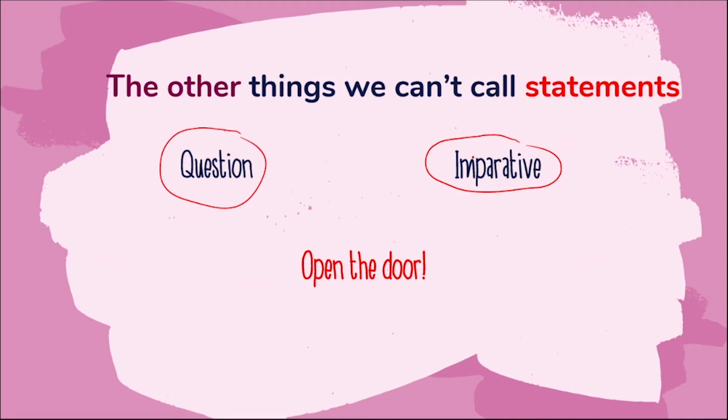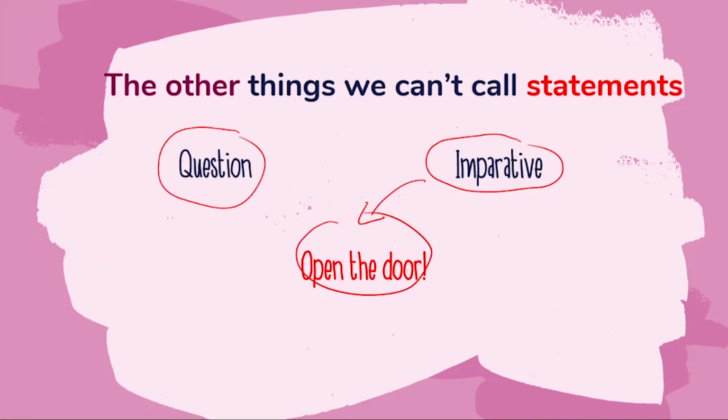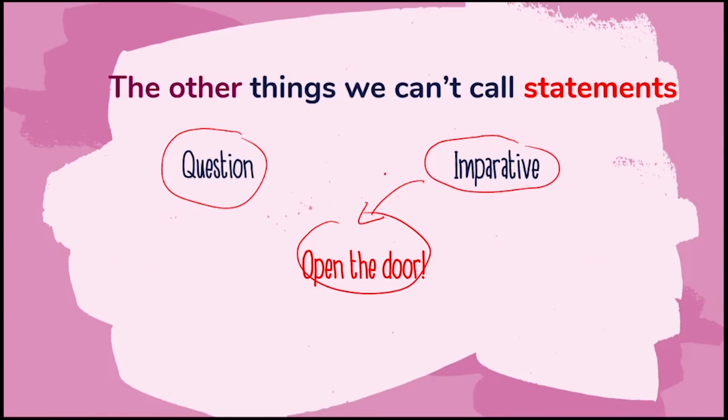What is an imperative? An imperative is a command like open the door. Those can't be true or false. So, when we talk about propositional logic, we are dealing with statements which are true or false.